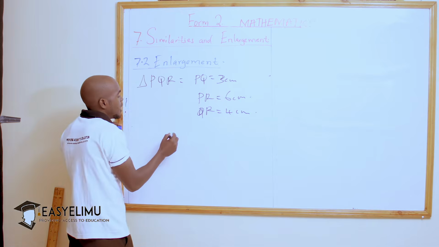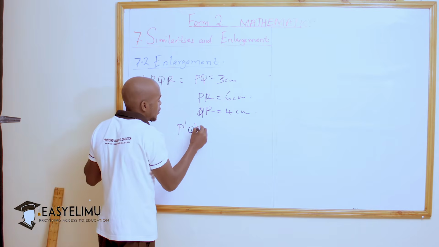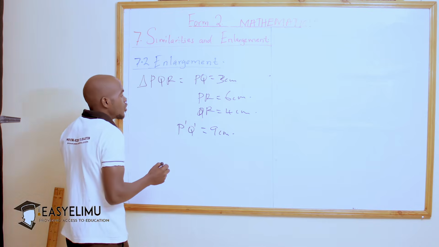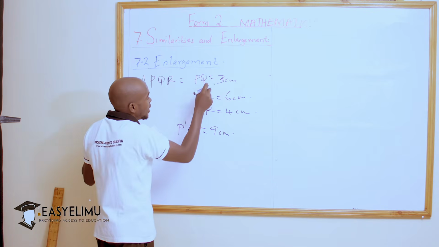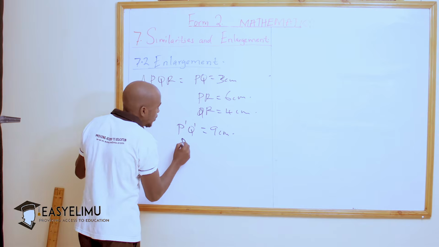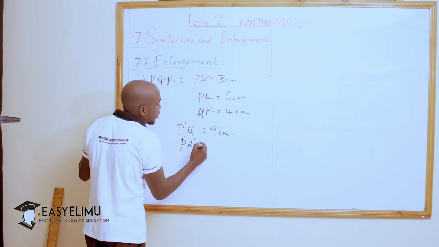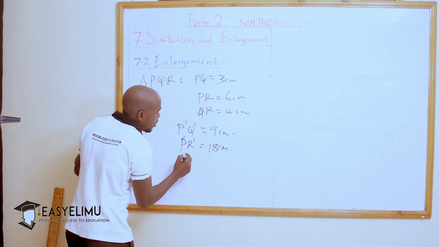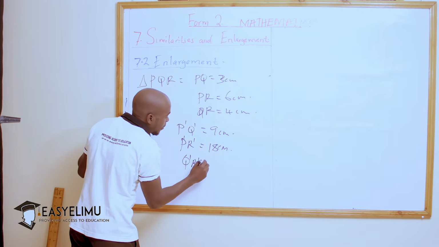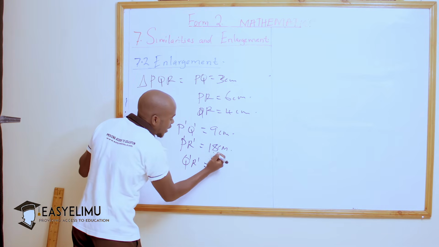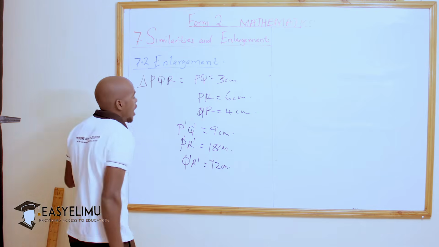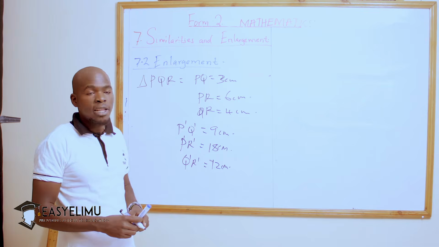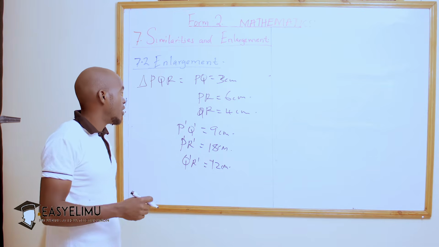Then you have been told that P prime Q prime is maybe 9 centimeters, P prime R prime is maybe 18, and Q prime R prime is let's say 12 centimeters. And you'll be told to draw to show the center of enlargement and state the linear scale factor. What do you do here?